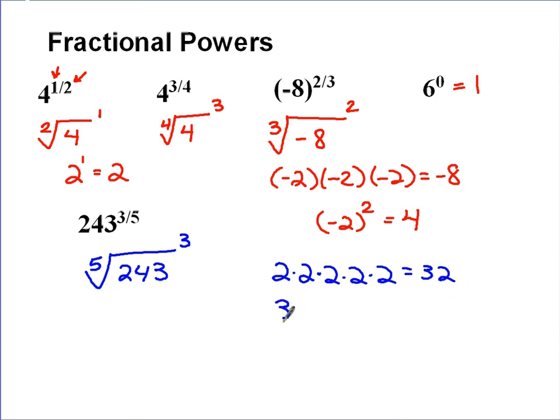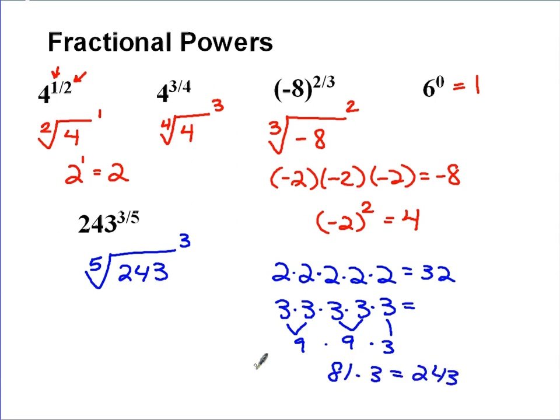Okay, what about 3? Could it be 3 to the 5th power equaling 243? Well, 3 times 3 is 9. And this 3 times 3 is also 9. 9 times 9 is 81. Times 3 is 243. So then we found it.